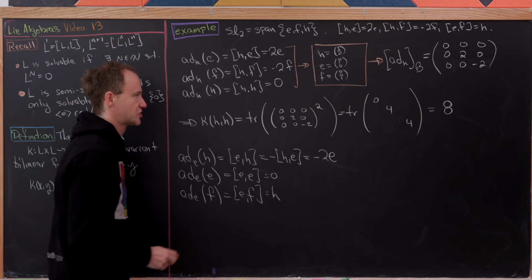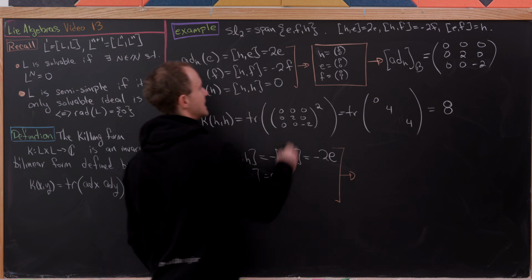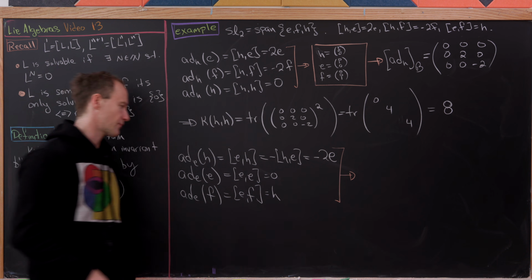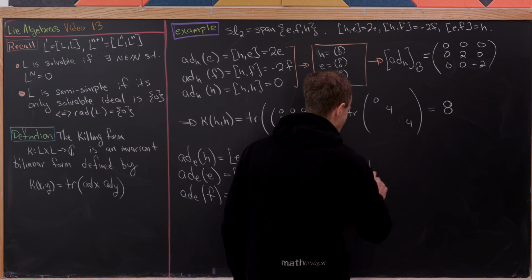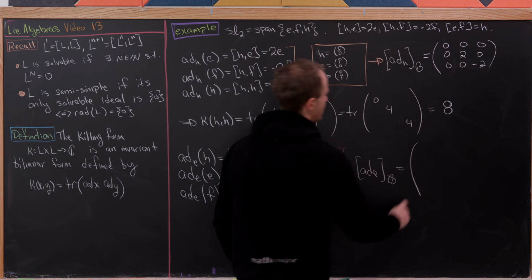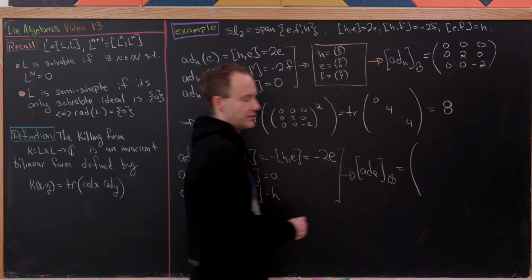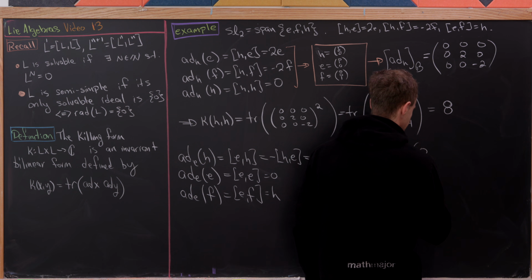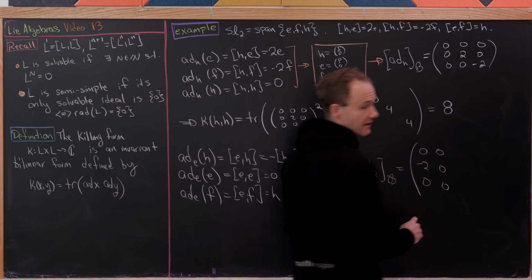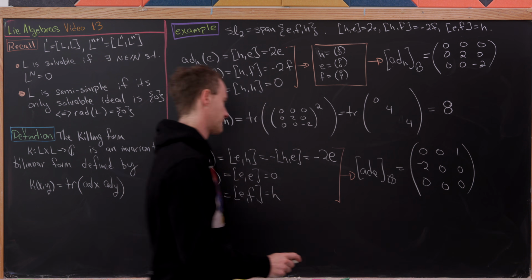But then using this same kind of thing that we did above, we can represent this map ad E inside of this basis by the following matrix. So let's see, it'll be 0, minus 2, 0, 0, 0, 0, and then let's see, we have 1, 0, 0 here.